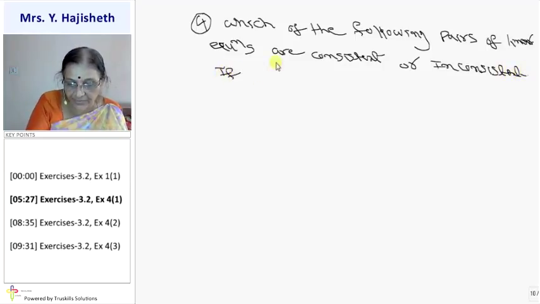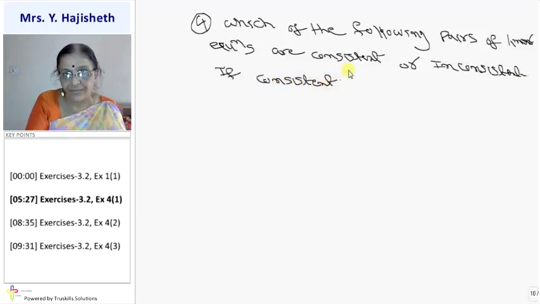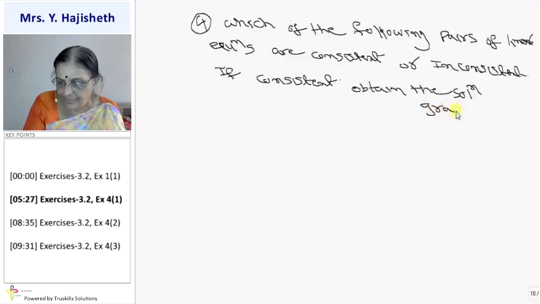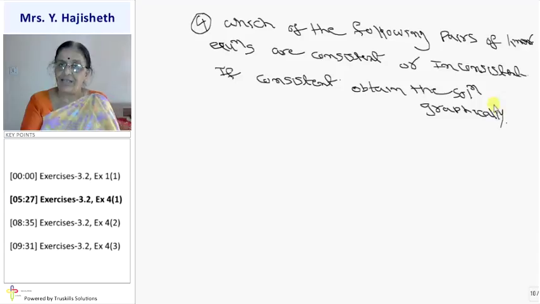If consistent, obtain the solution graphically. First check which of the following pairs are consistent. If consistent, you are supposed to draw the graph of the consistent equations, okay?